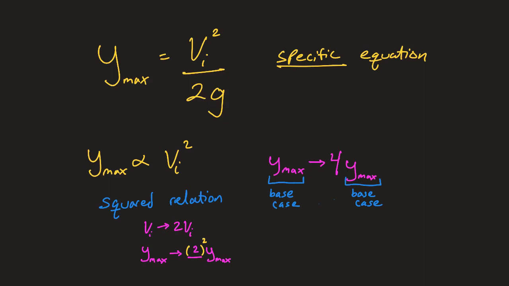And of course, we could write a variable for that if we wanted to. I could come over here, I'll do that, and we'll write, I don't know, y new max is equal to 4 times y base case max.